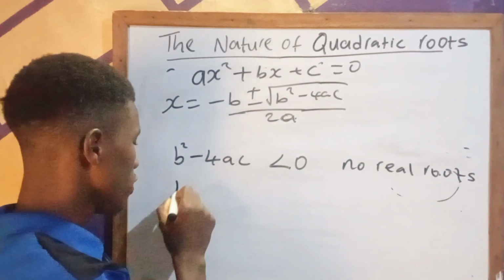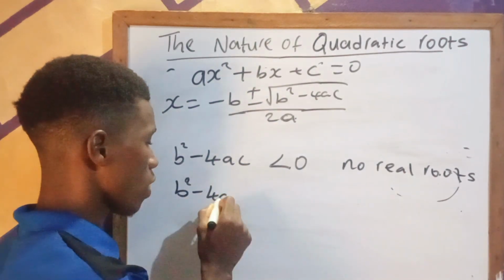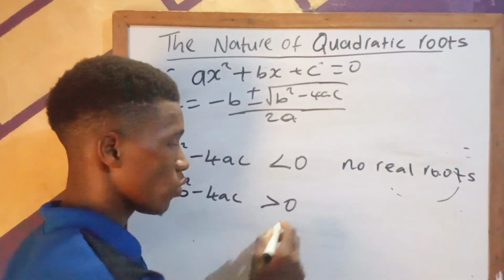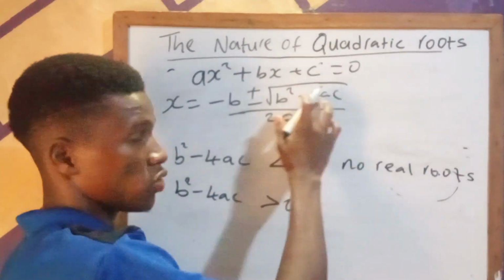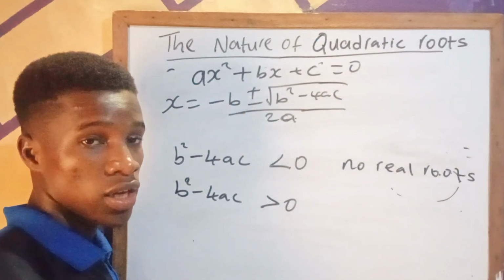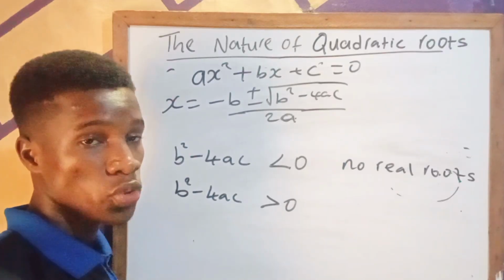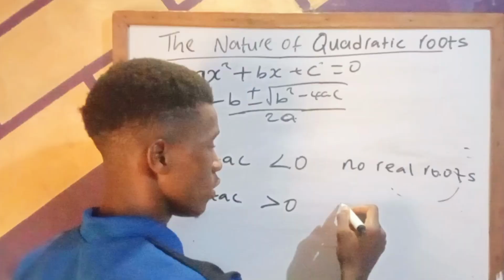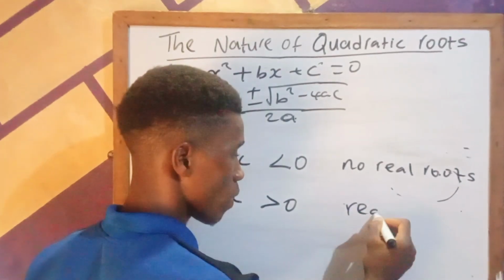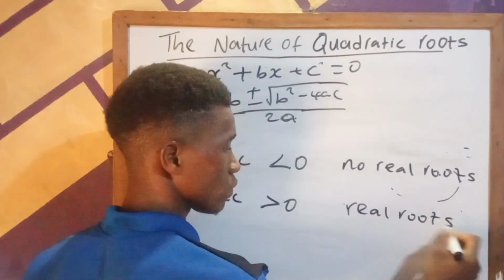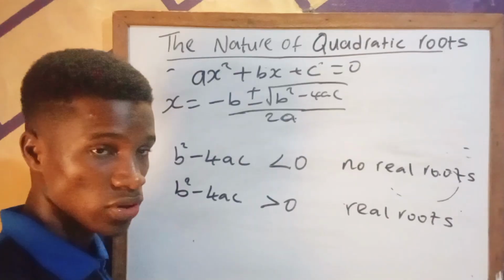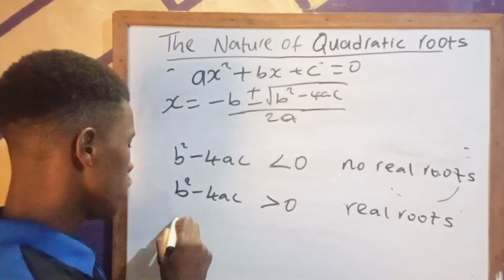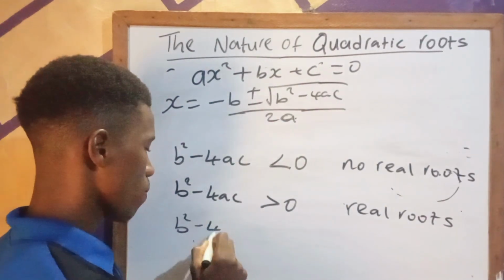So if this discriminant is greater than 0, we take the square root of a positive number, we are going to get a real number. So this will give us real roots.